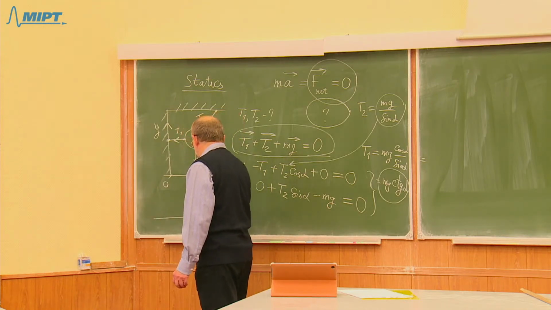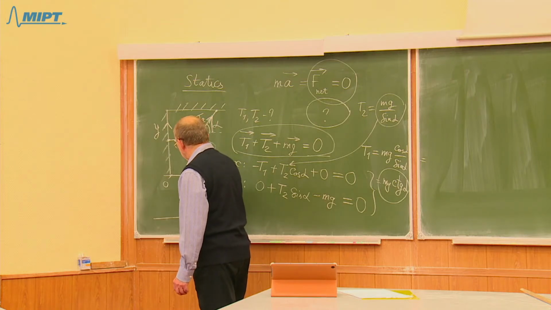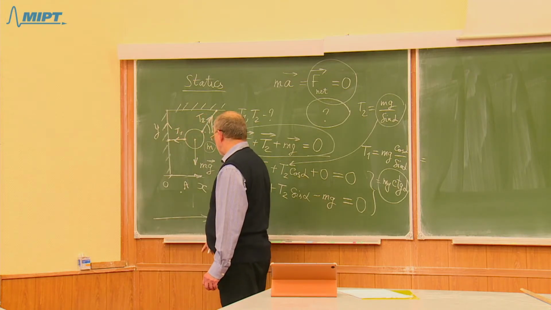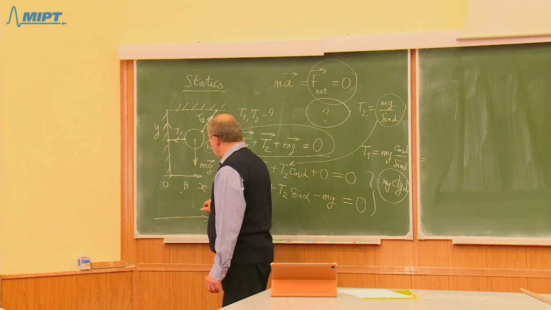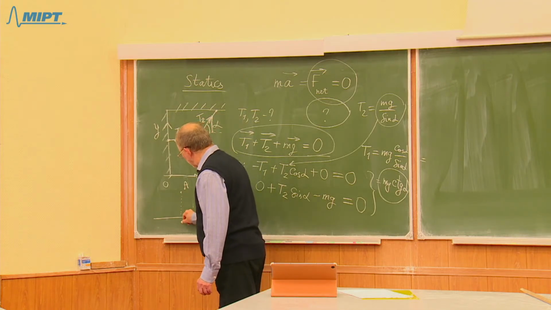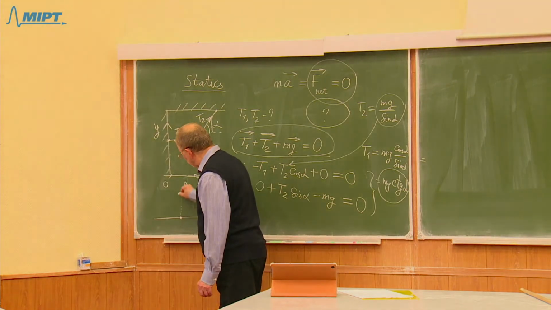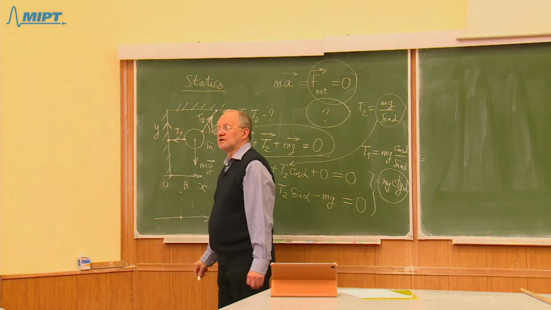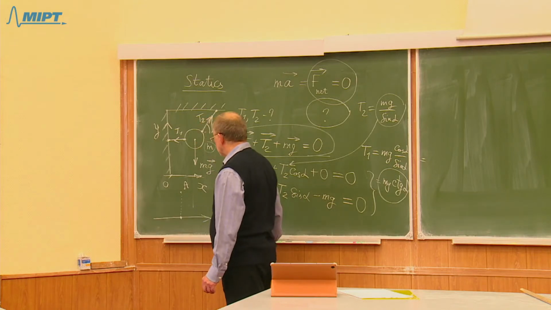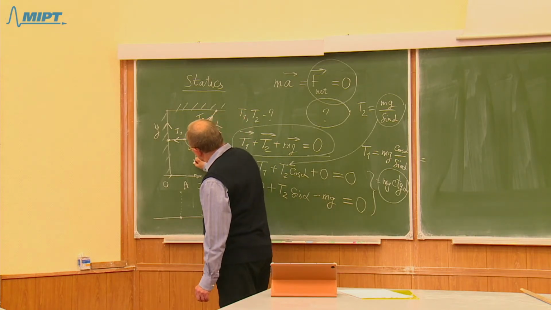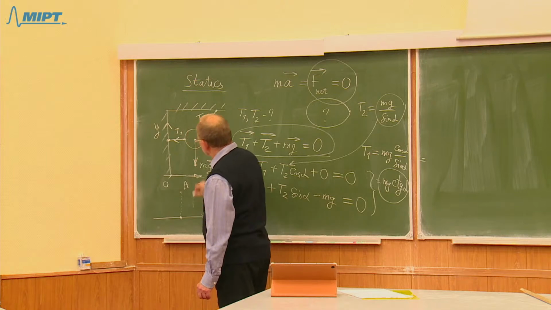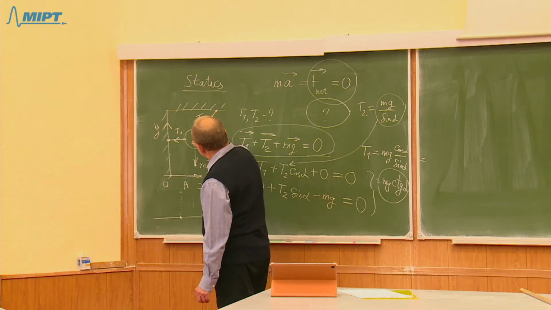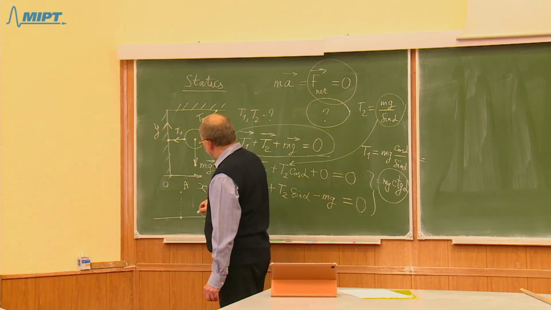For example, you have the axis and you have a point A. What is the projection of this point on the axis X? It's another point which is found as the base of the perpendicular drawn perpendicularly to this axis. So we find the projection of the end of this vector, and then we find the projection of the beginning of this vector.